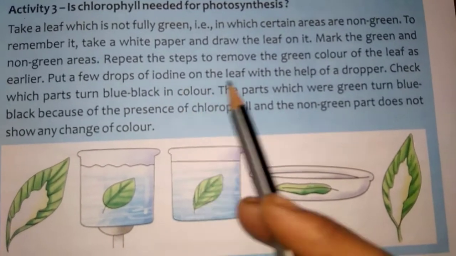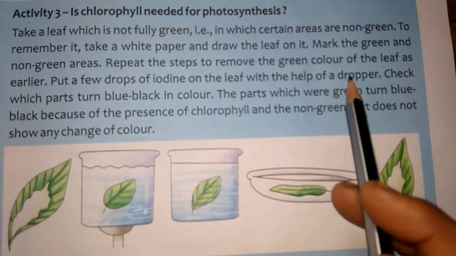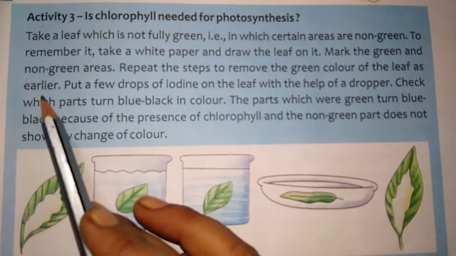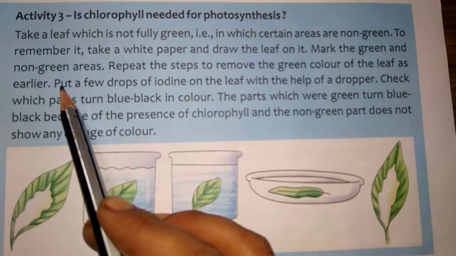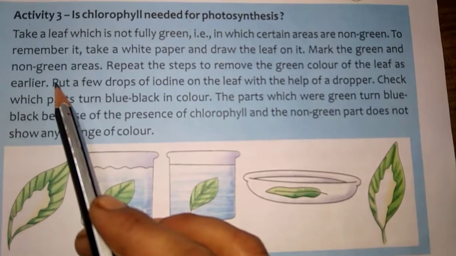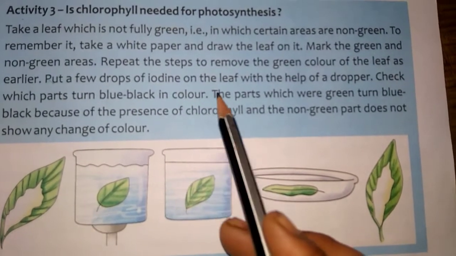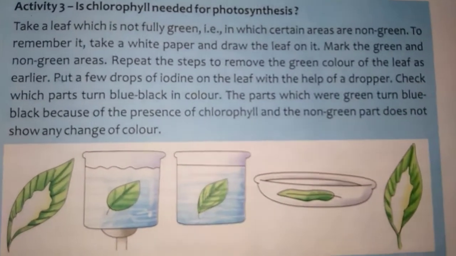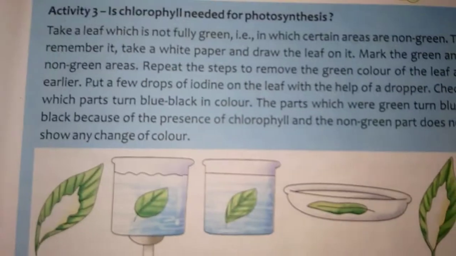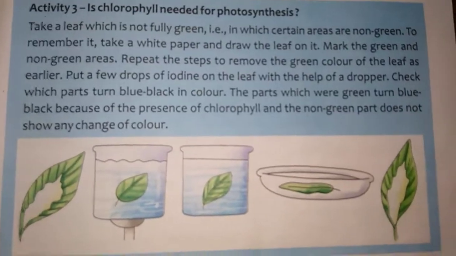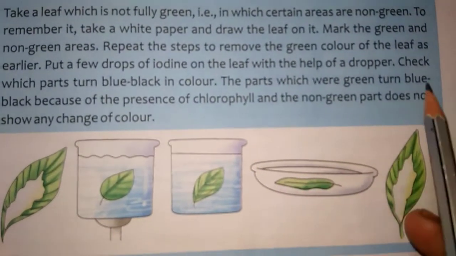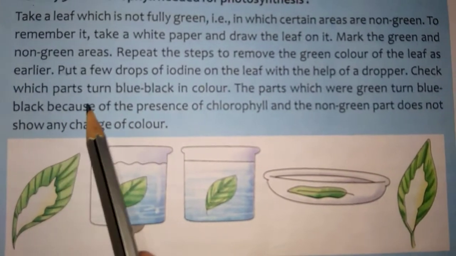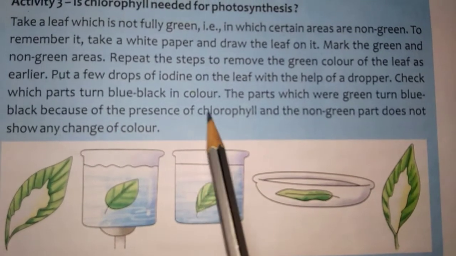Repeat the steps to remove the green color of the leaf as earlier. Put a few drops of iodine on the leaf with the help of the dropper. Check which parts turn blue-black in color.